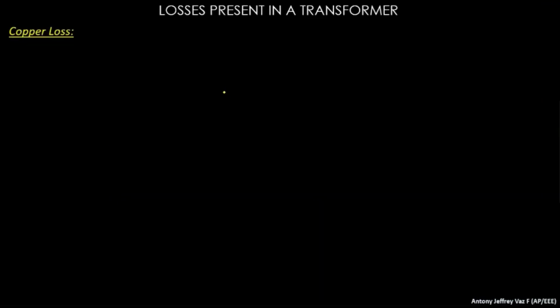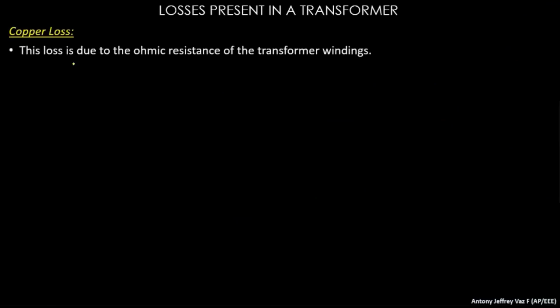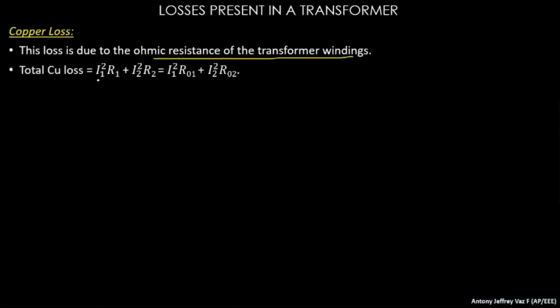Next, we are going to see the second type of loss, which is copper loss. This loss is due to the ohmic resistance of the transformer windings. The total copper loss is equal to I1 squared R1 plus I2 squared R2, which equals I1 squared R01 plus I2 squared R02.